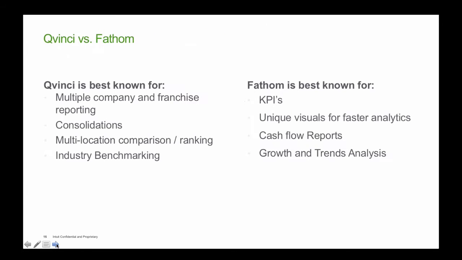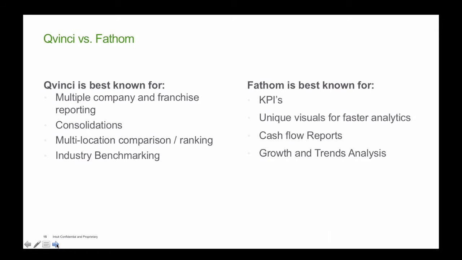Okay, all right, so let's talk about comparing them. Qvinci and Fathom both have a lot of things in common, and they both have things that they're specifically known for. What Qvinci made a brand out of is doing multiple company, consolidated, or franchise type of reporting.